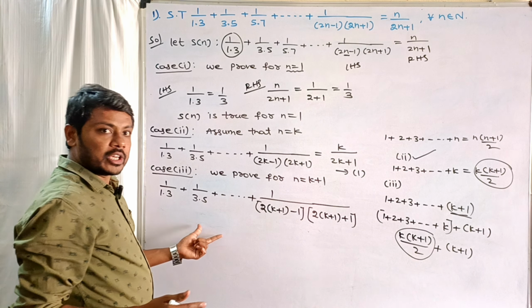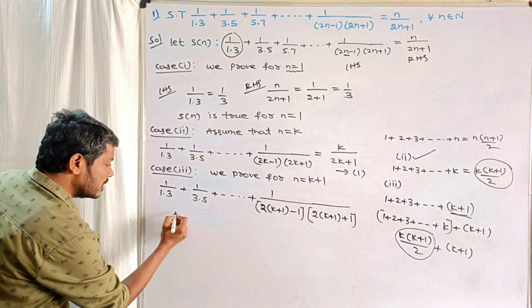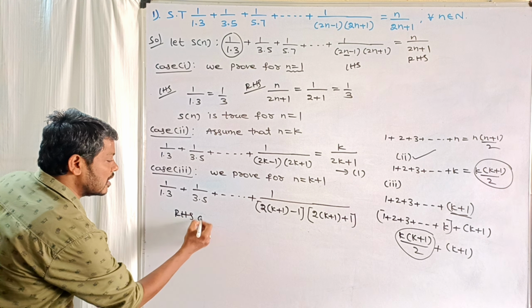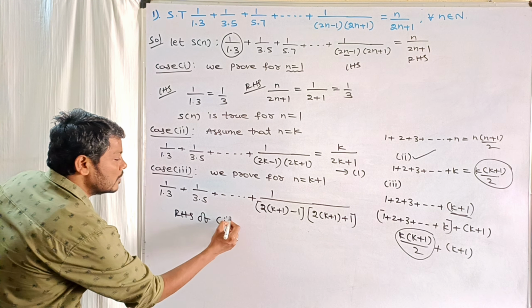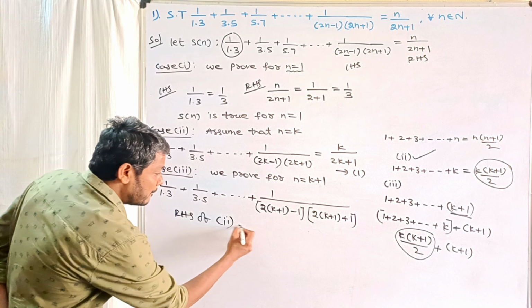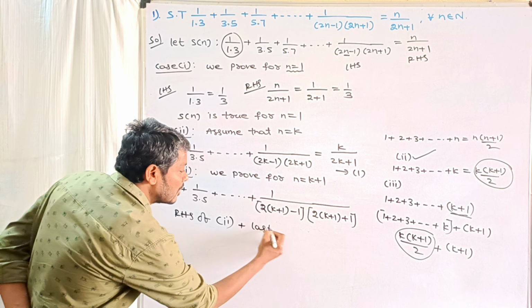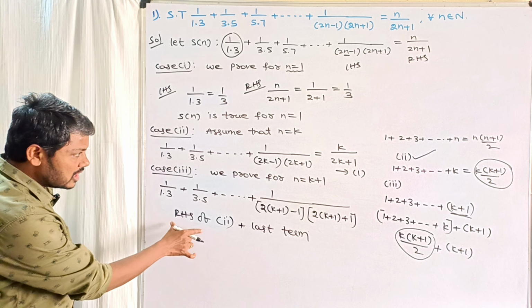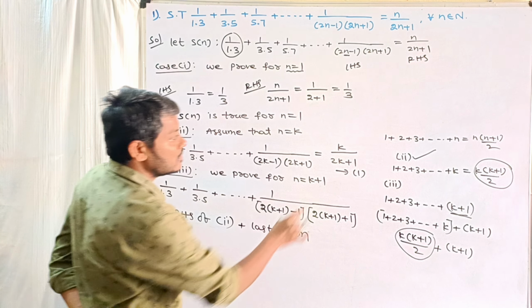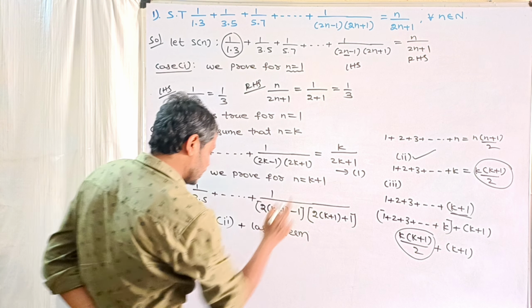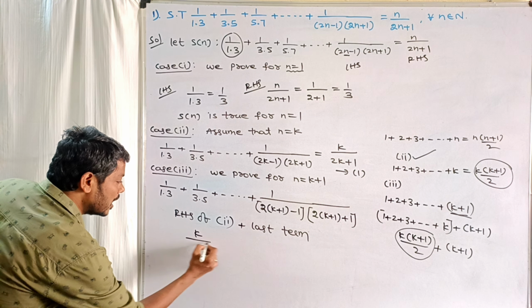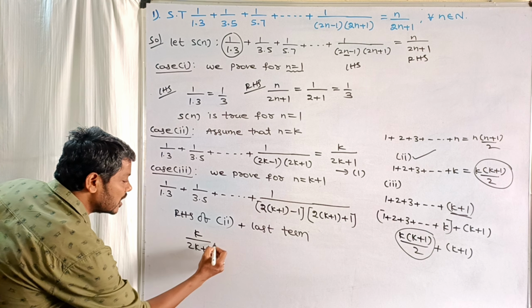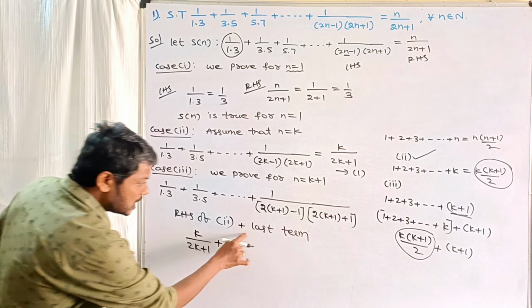So here also we can write this as RHS of case 2 plus last term. So clearly what is the RHS of case 2? k by 2k plus 1. So write k by 2k plus 1 plus what is the last term?